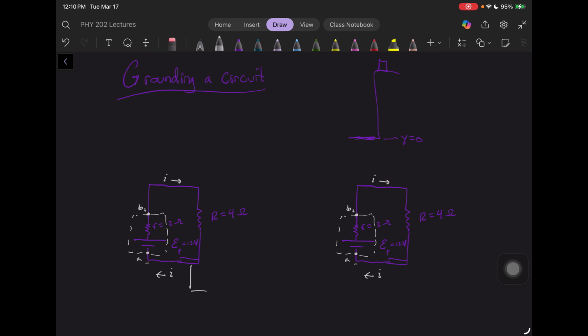This one will ground down here, and this one will ground up here. That's the symbol for ground. And we'll note the ground is chosen to be the 0 of potential.